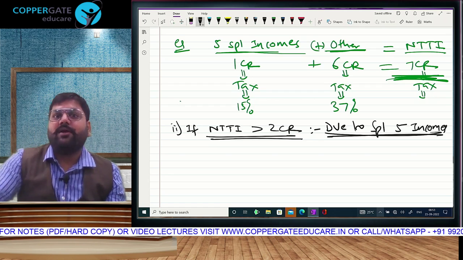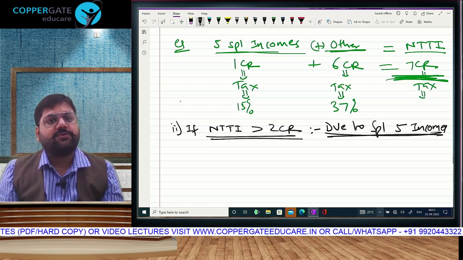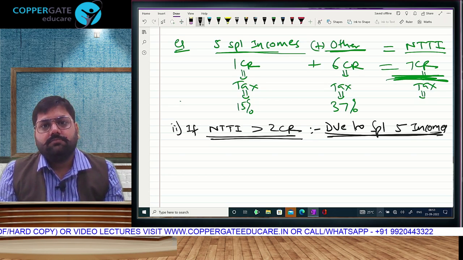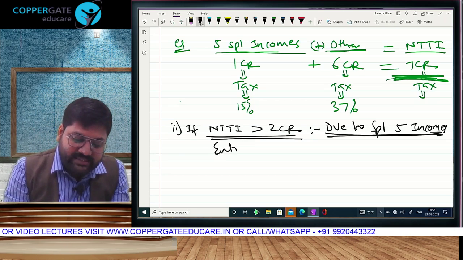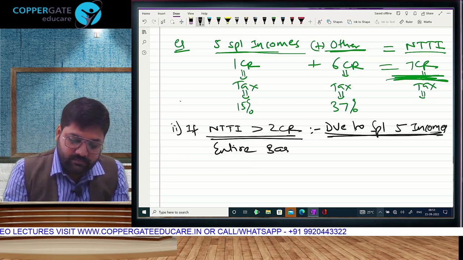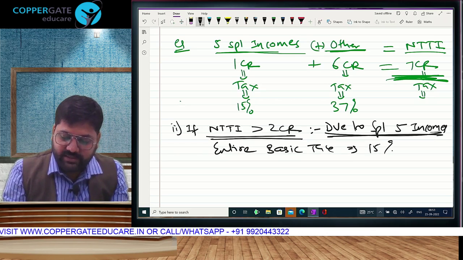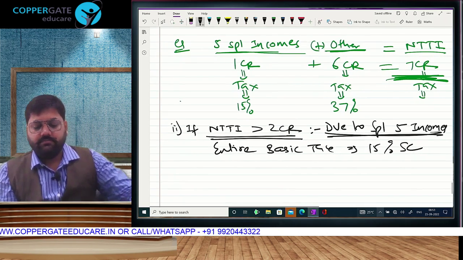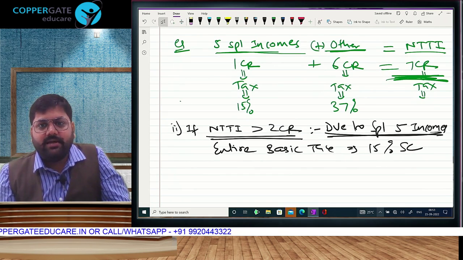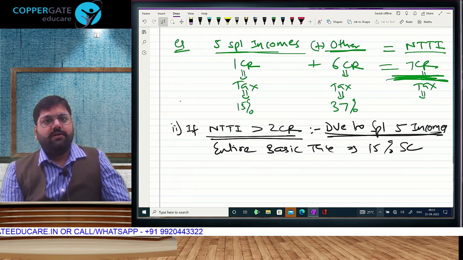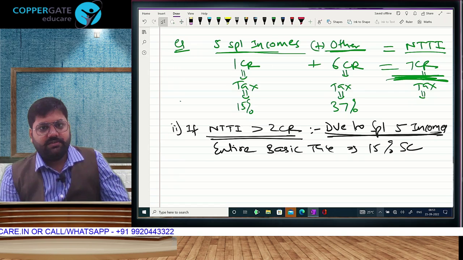If the reason why you cross 2 crore is these 5 incomes, so your entire basic tax will have 15% surcharge. Your entire basic tax will have 15% surcharge.